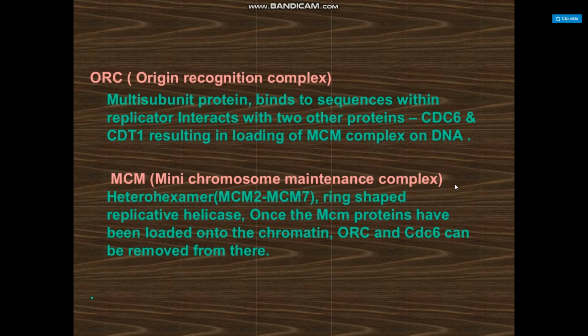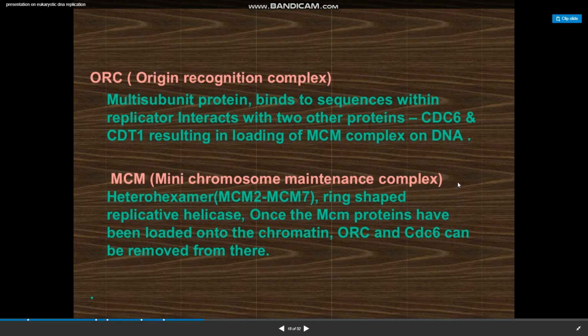Next, ORC, the origin recognition complex, is a multi-subunit protein that binds to the replicator sequence and interacts with two other proteins, CDC6 and CDT1, resulting in loading of the MCM, mini chromosome maintenance complex, on DNA.